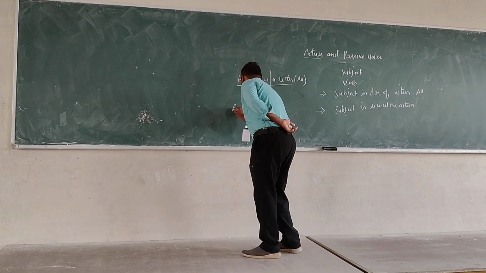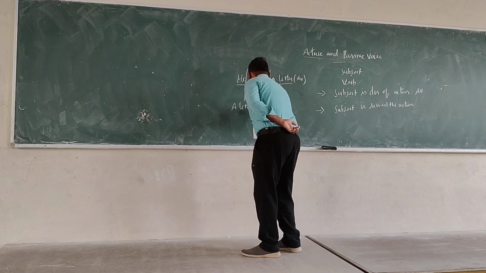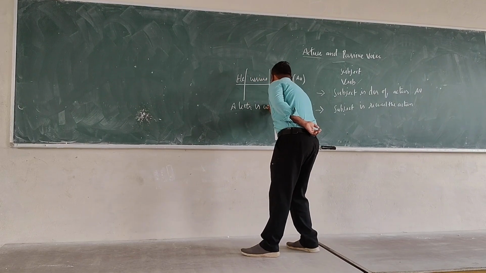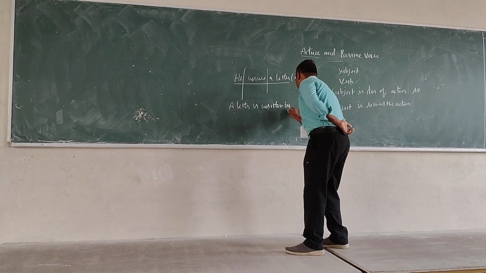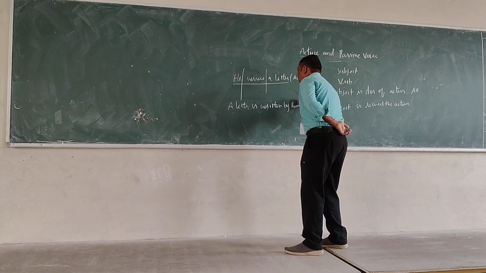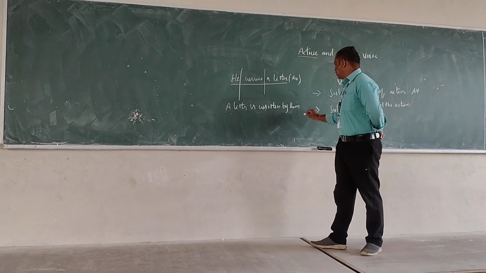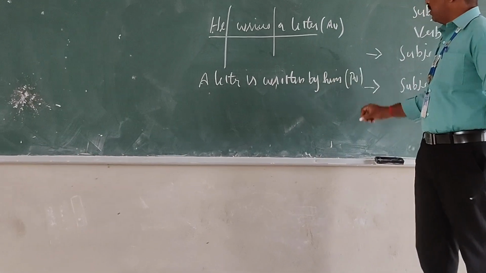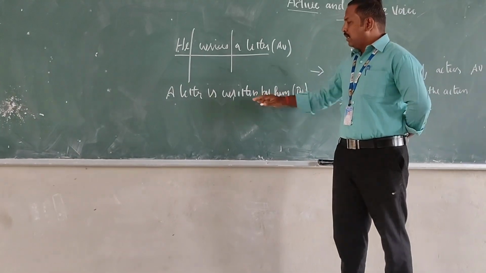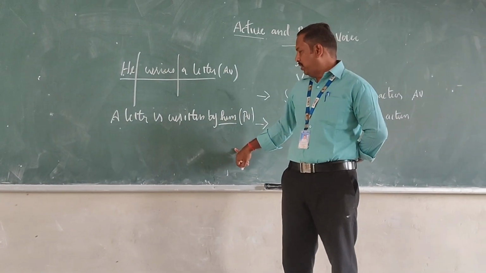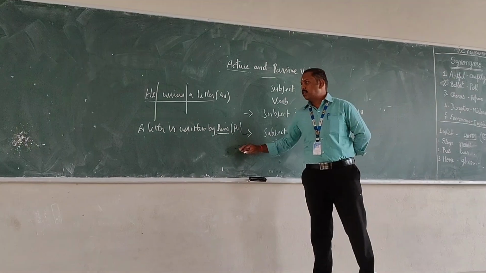Then, a letter is written by him. In this, it's a passive voice. In this sentence, the subject is receiving the action, so it is called a passive voice.